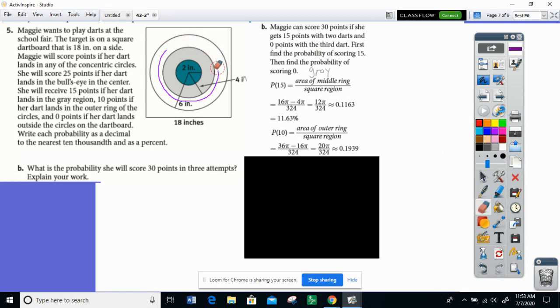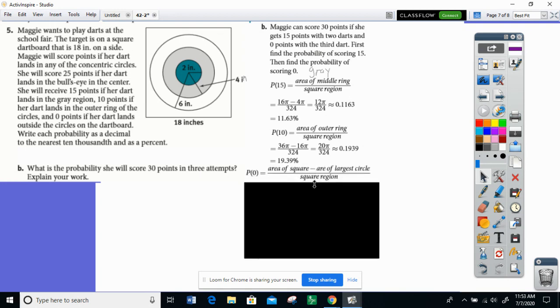Well, that would be the area of the 6-inch radius circle, which would be 36 pi minus 16 pi is 20 pi. 20 pi divided by 324 is about 0.1939, so the probability of getting 10 points is 19.39%.